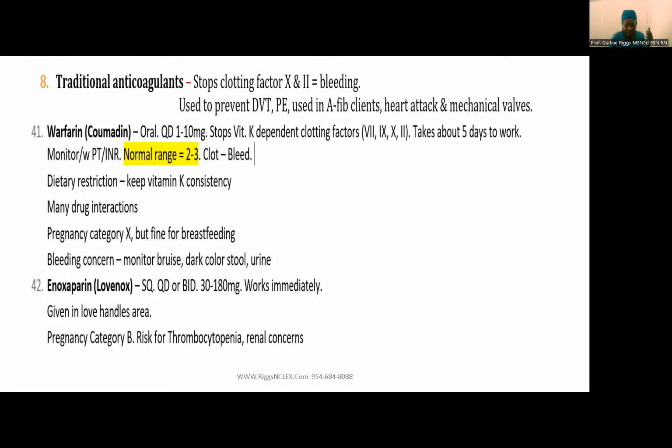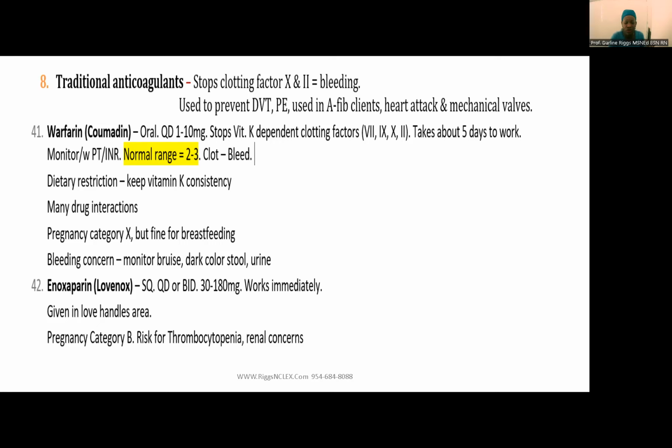That's how they cause that bleeding or thin the blood, right? We talked about them when we talked about deep vein thrombus, pulmonary embolism, obviously AFib, but great for heart attacks and the valve replacement we talked about, okay? And we talked about their route. We talked about you memorizing the normal PT-INR, right?